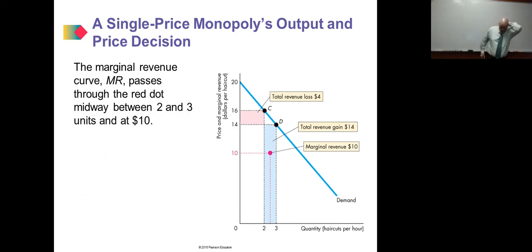Now the marginal revenue curve. What do we observe? Marginal revenue, $10. So as we increase from 2 to 3 units of output, marginal revenue is $10.